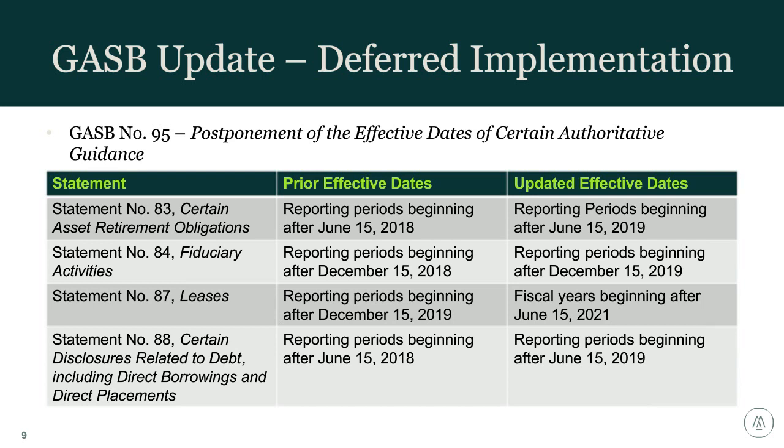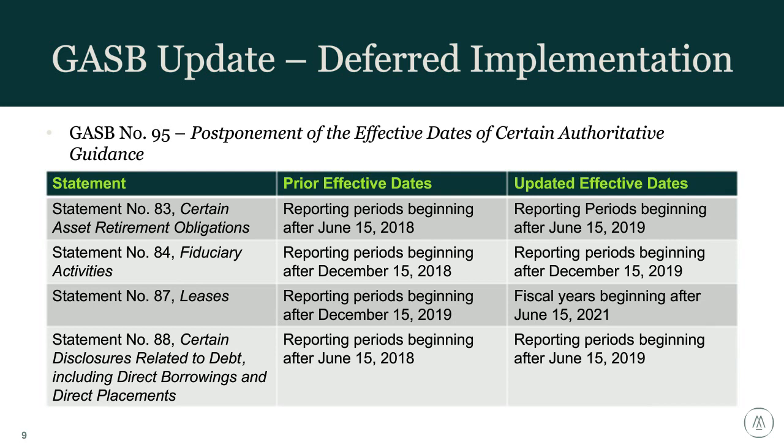These are other standards that were delayed based upon GASB 95. Statement 89, as you know, is where you will no longer be capitalizing interest as part of a construction period. Statement 90 is related to majority equity interests and provides guidance for governments that are holding an equity interest and whether or not that meets the definition of an investment and how that should be accounted for.